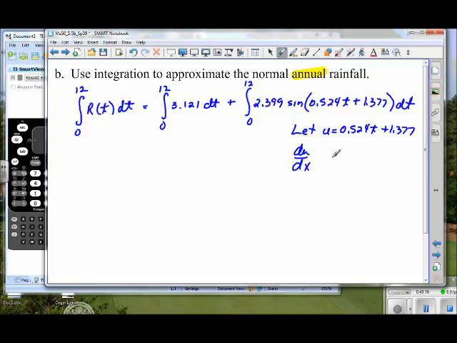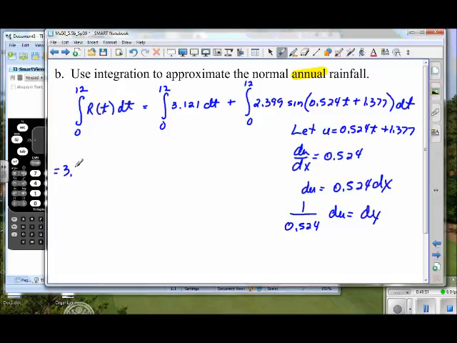We'll take the derivative, du dx, as 0.524, and then du would be 0.524 dx, and of course then we can write this as 1 divided by 0.524 du equals dx.